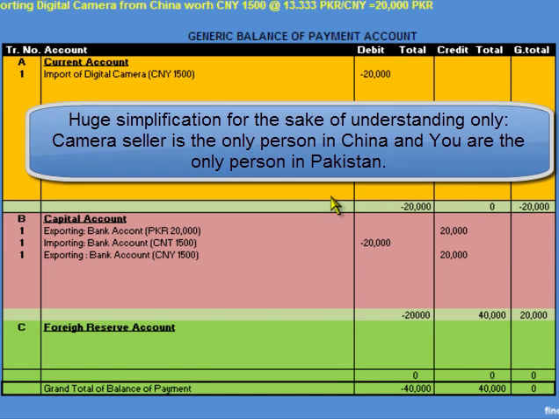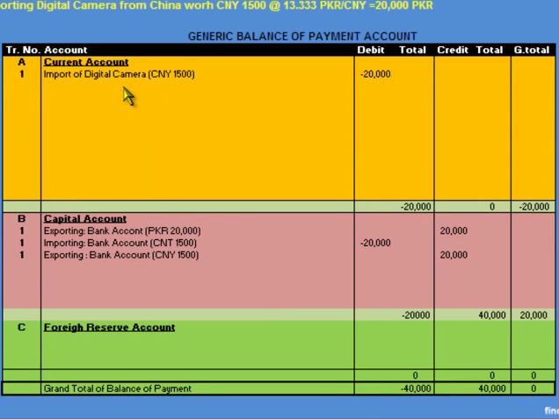This is a huge simplification of the actual situation. Just to understand, he is the person, the seller of digital camera is the only person in China. Now he has 1500 Chinese yuan and he wants to make investment in Pakistan, and he wants to buy some securities in Pakistan, maybe some government securities in Pakistan.